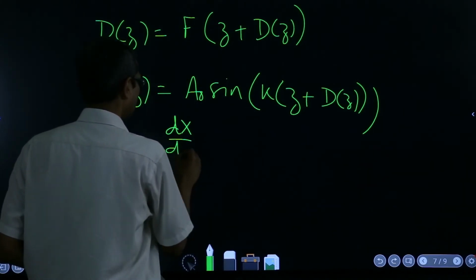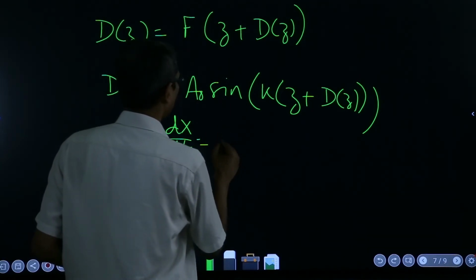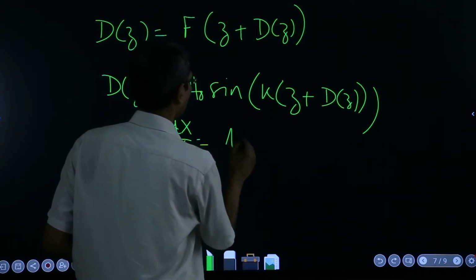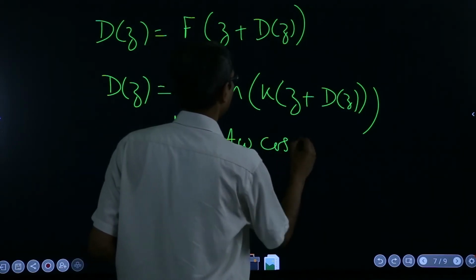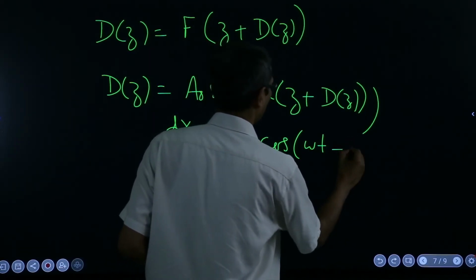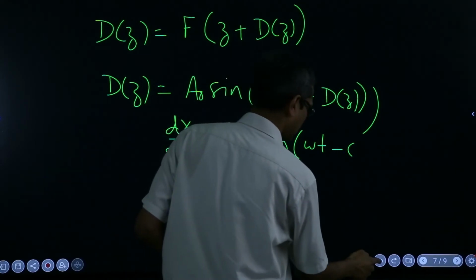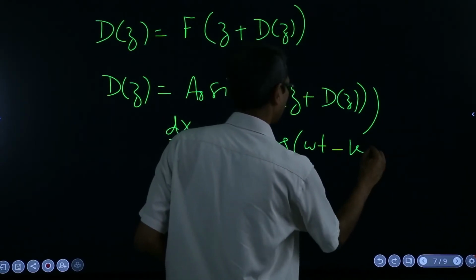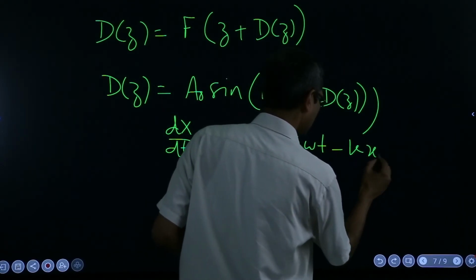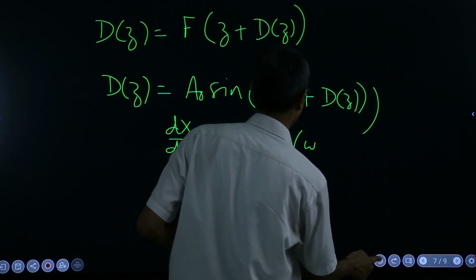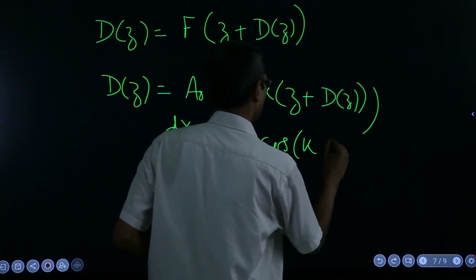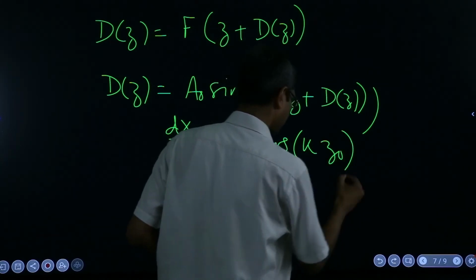Or else what you can do is, for example, in this case, your dx by dt was a omega cosine of omega t minus kx, no? Kx. Okay. Now, or you can say that, okay, I'll write it in this form, maybe k z naught.